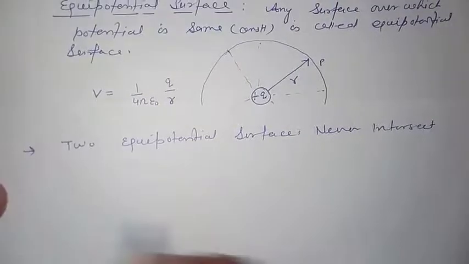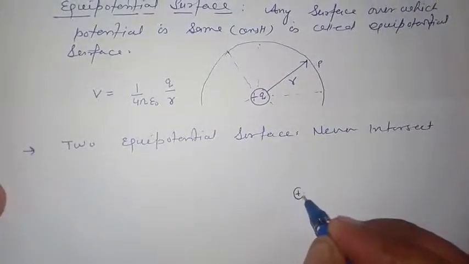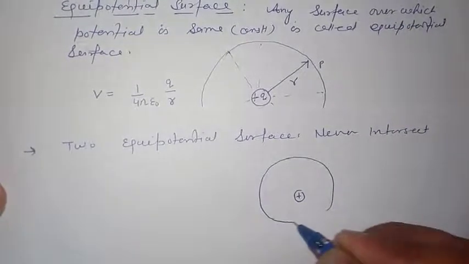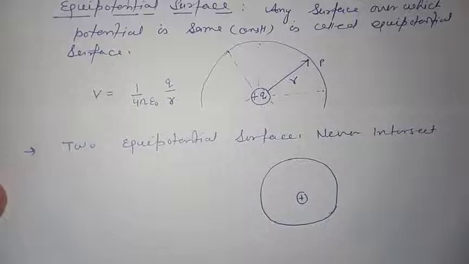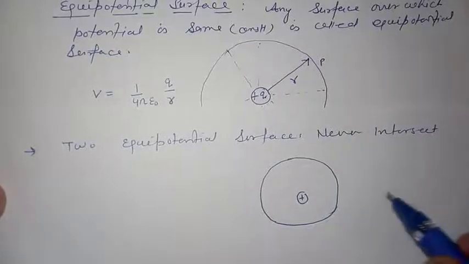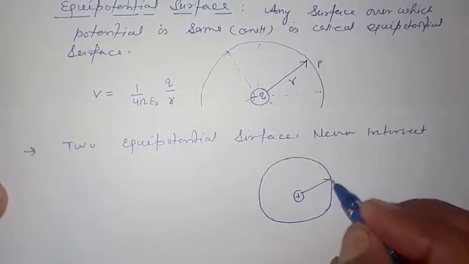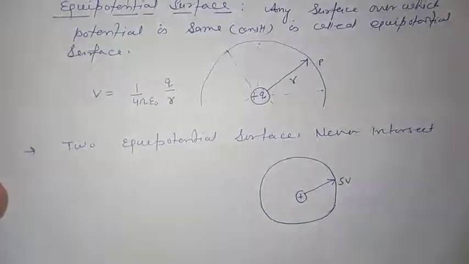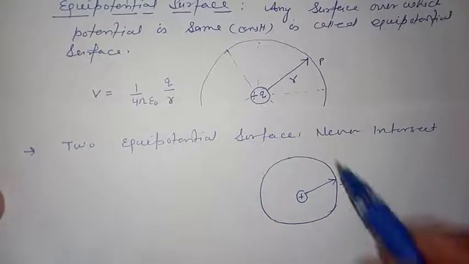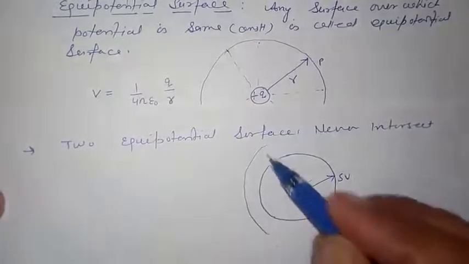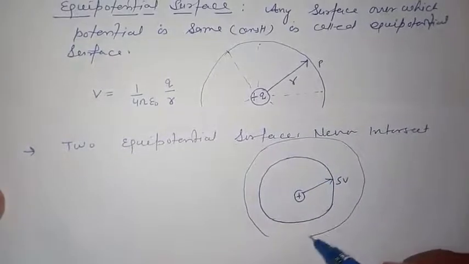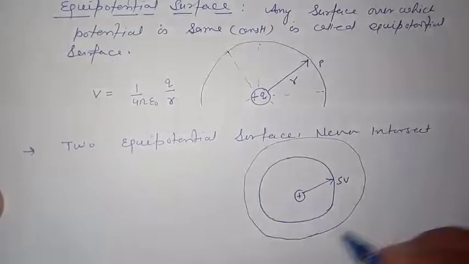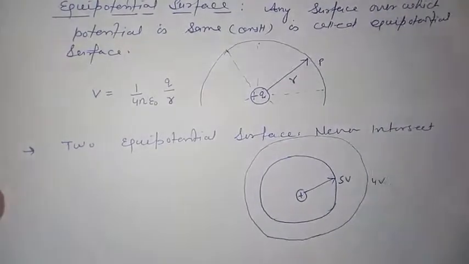So let us discuss. Suppose this is our positive charge here, and this is the equipotential surface around it, right? The potential at each and every point over the surface will be constant, and let it be 5 volt. And there is another surface around it like this one, and suppose the potential over this surface is 4 volt.